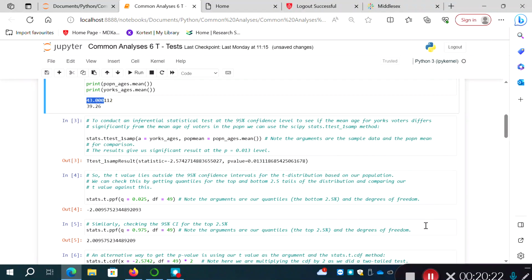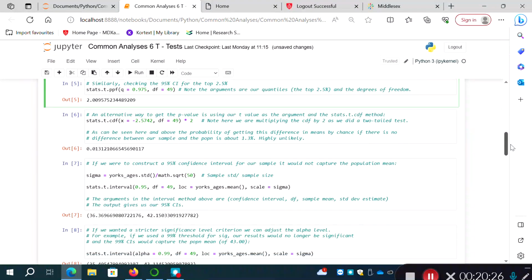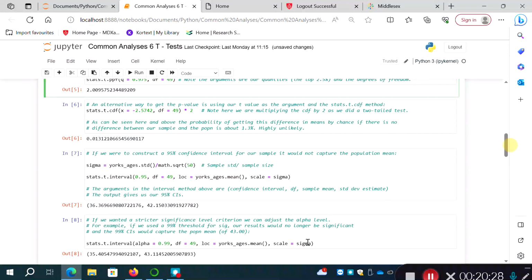So our mean voter age for Yorkshire is significantly different from the population mean at the 95% confidence level, but not if we use a stricter criterion and set that at 0.99. So the 5% level is significant, but the 1% level it is not.